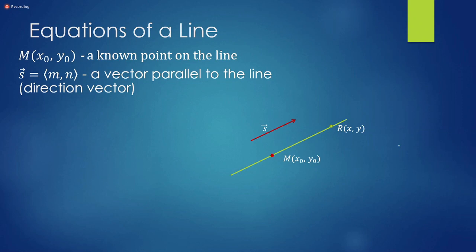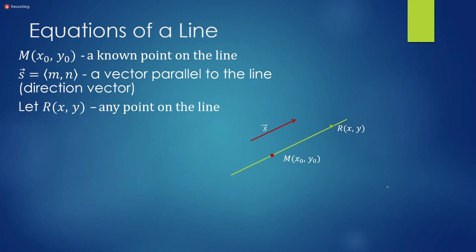We are assuming that we know the point M, the red point, we know its coordinates, and we know this direction vector S that tells us in which direction to draw the line. We will start from this situation, and then see how we can get all the other types of equations of a line from there.